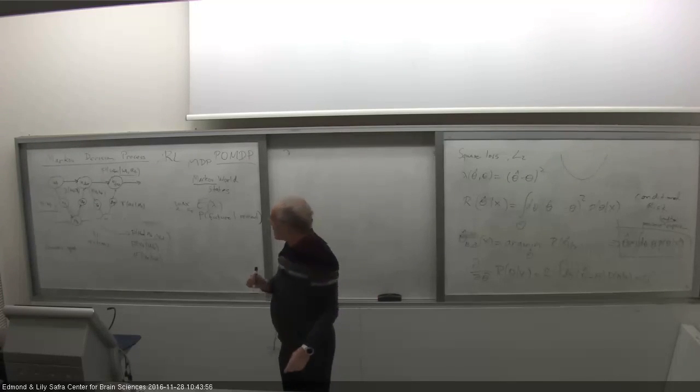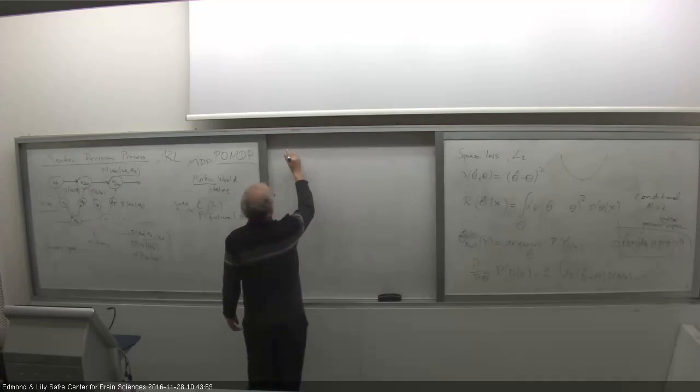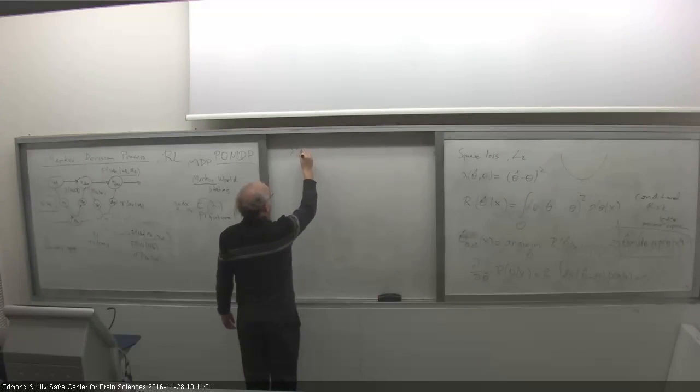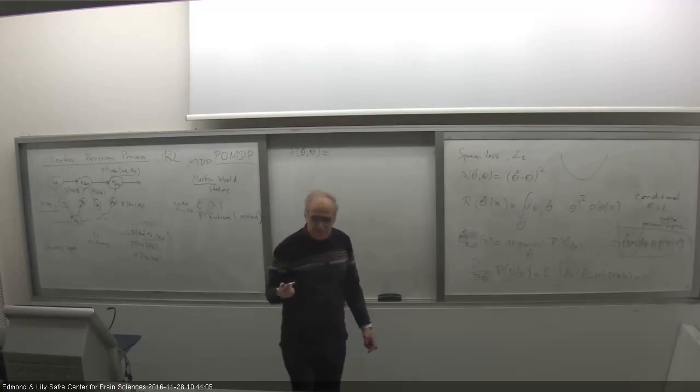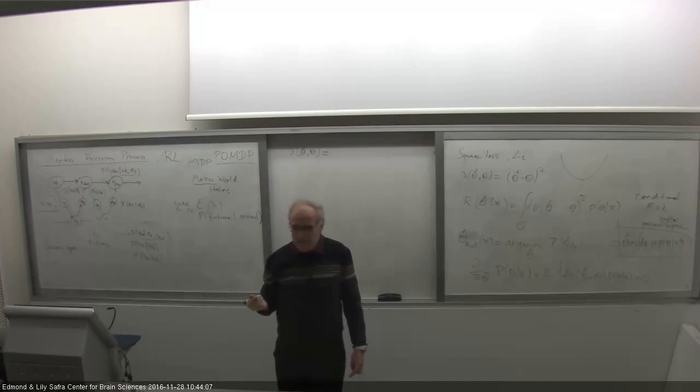So if I take this cost to be 1 minus delta for Kronecker, the only problem is that theta is now a continuous variable. If you're a physicist, you don't think twice. You replace the Kronecker delta by the Dirac delta, and that's it.